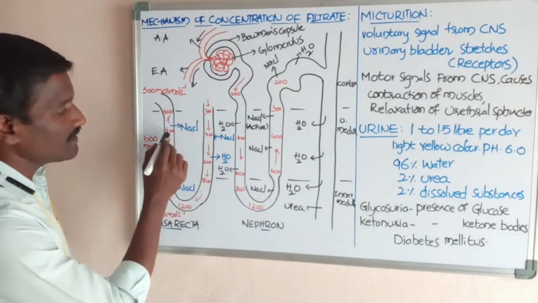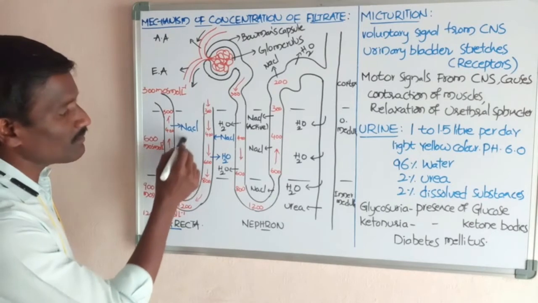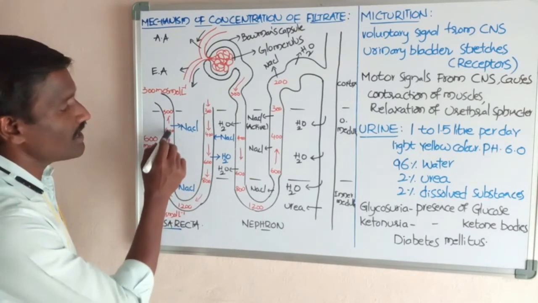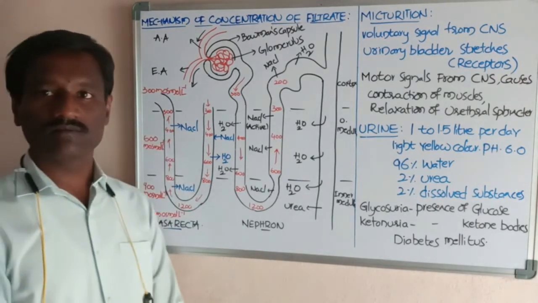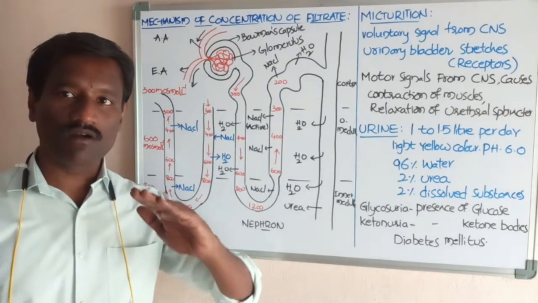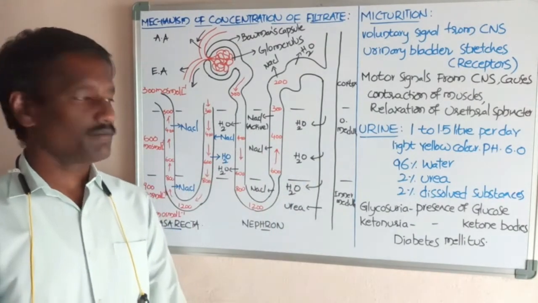And finally, this is returned into the medullary interstitium by the ascending limb of the vasa recta. This is the transport of NaCl.